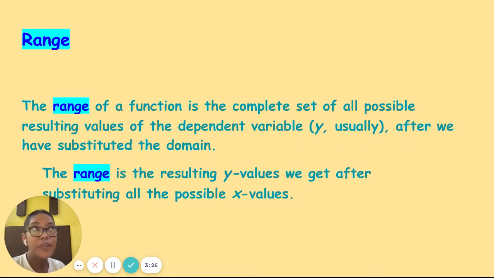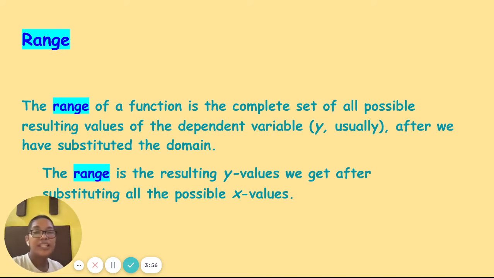So, if domain are set of independent x values, ang range naman po ay this: the range of a function is the complete set of all possible resulting values of the dependent variable, usually y, after we have substituted the domain, which is our x. The range is the resulting y values we get after substituting all the possible values of your x values or your domain.